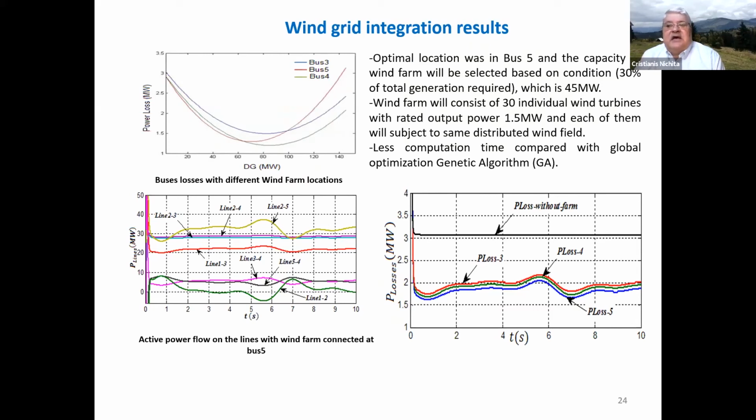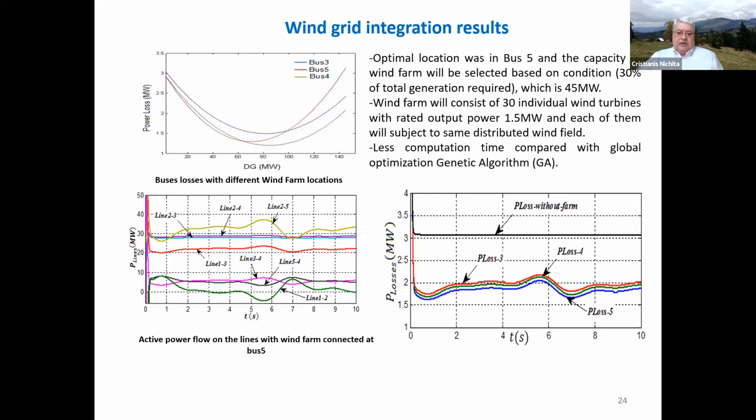So in this case, the less computation time compared with the global optimization with genetic algorithm could give good results, like you see in this part of this slide.